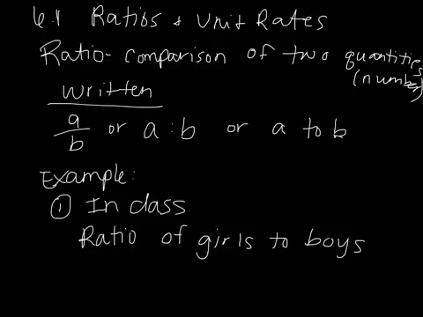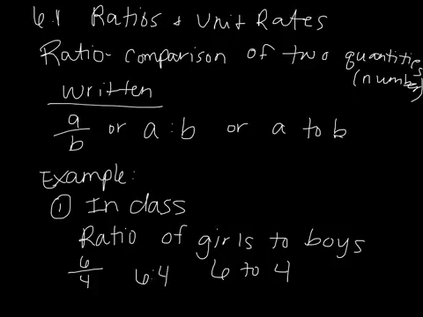I think we have 4 boys if we count Porter, and 6 girls. So girls to boys, we would have 6 to 4, or we could write it 6 over 4, because A over B, or we could write it 6 colon 4.